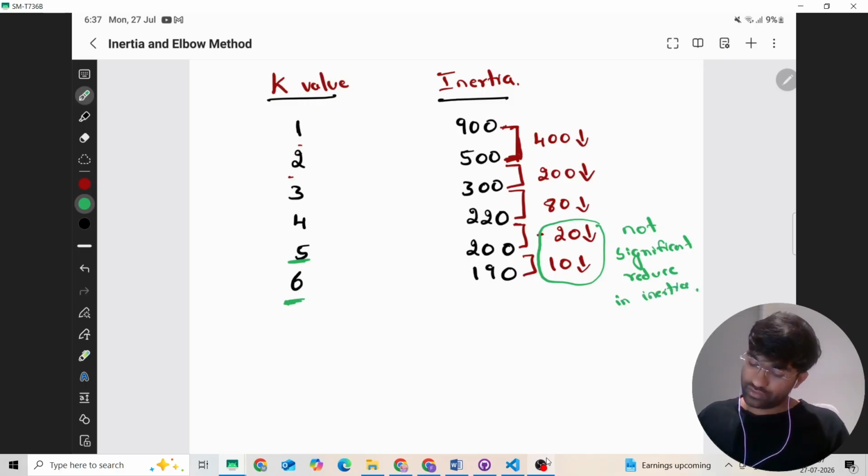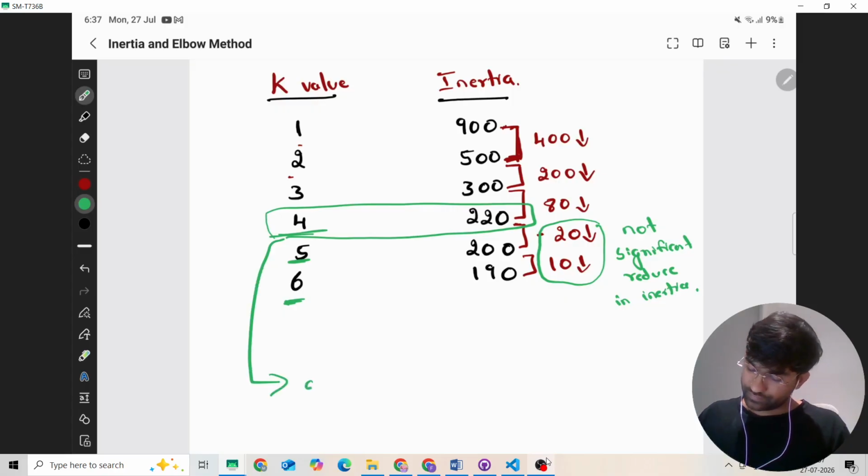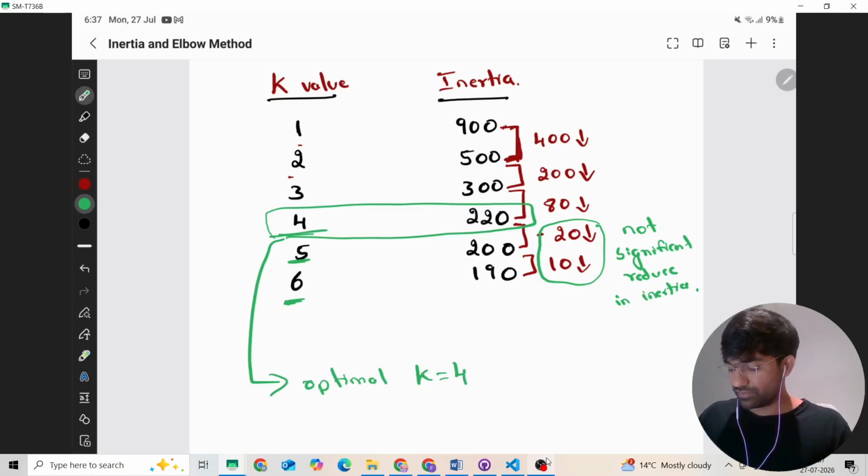So I will choose the optimal k value as 4 for my k means algorithm. I will do 4 clusters.